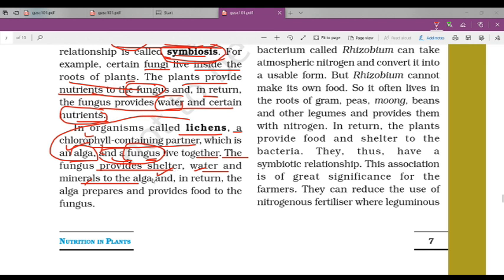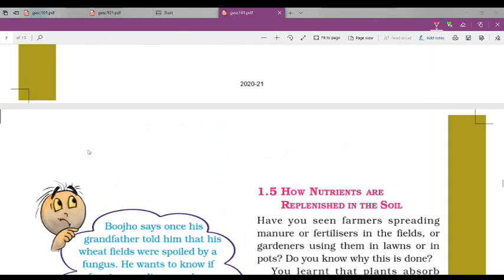In return the fungus gets nutrients that are prepared by the alga. Who is providing food to the fungus? Alga. Alga is providing food to the fungus. Here is the alga.